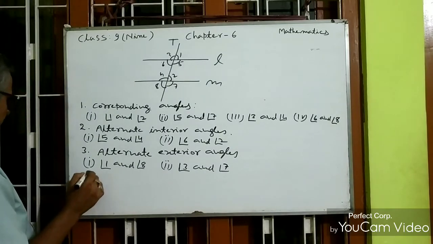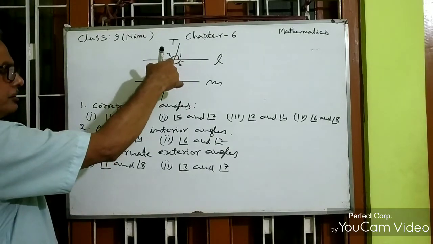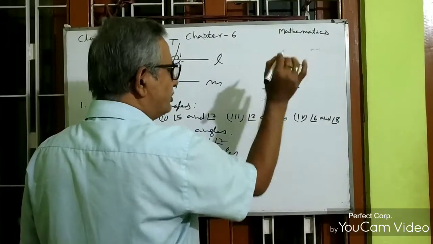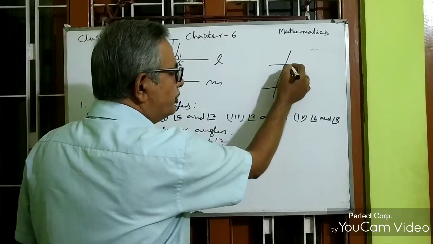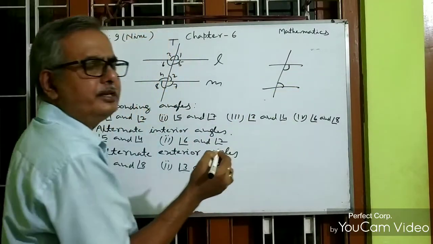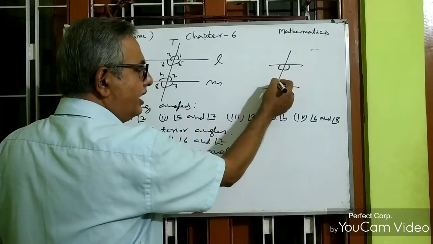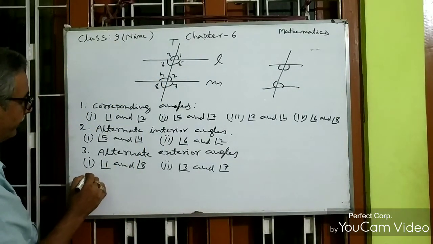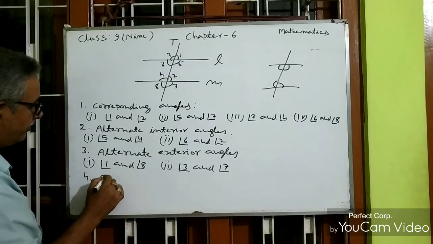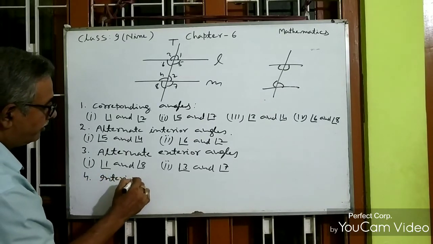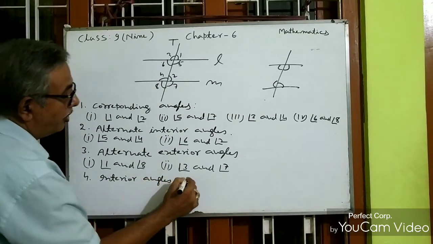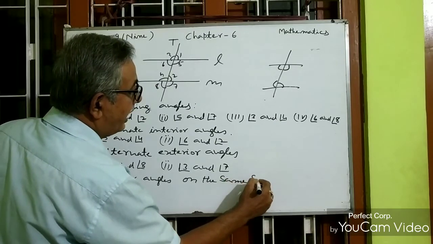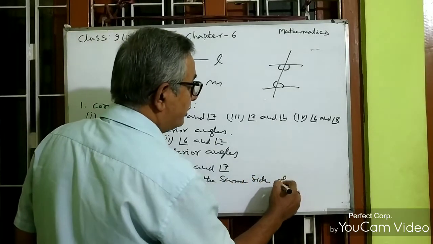Now one more thing, interior angles on the same side of the transversal. Suppose this is a parallel line or any line and this is the intersecting line. So this angle and this angle will be called interior angles. This angle and this angle, interior angles on the same side of the transversal.